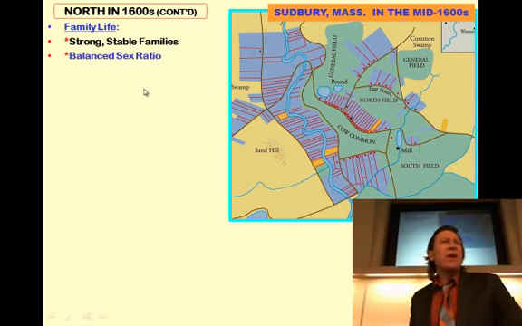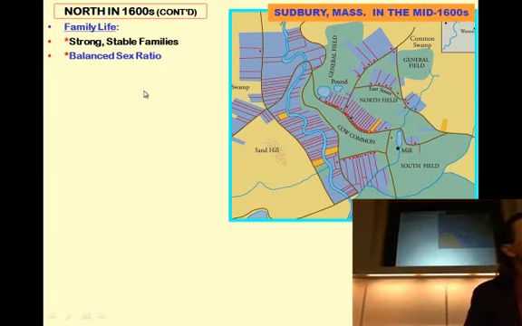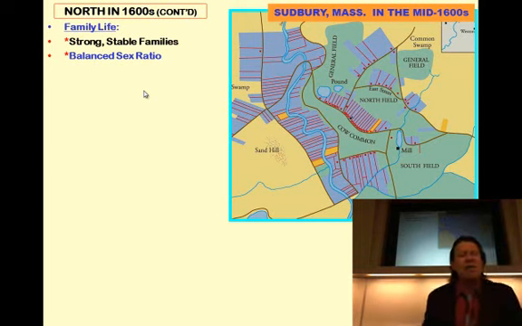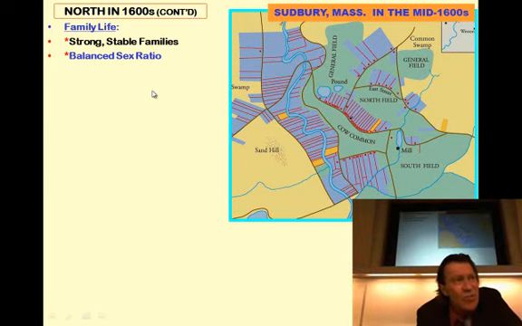And you've got a situation from the very beginning. They came over as a community of believers according to their religious system. They came over as families to begin with. They came over with a more or less equal sex ratio to start with. And then they begin to have all kinds of kids. So you've got a reasonably equal number of men and women. They're eager to marry. They're told to marry.